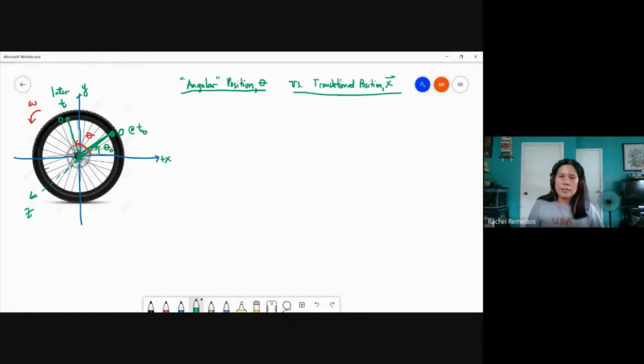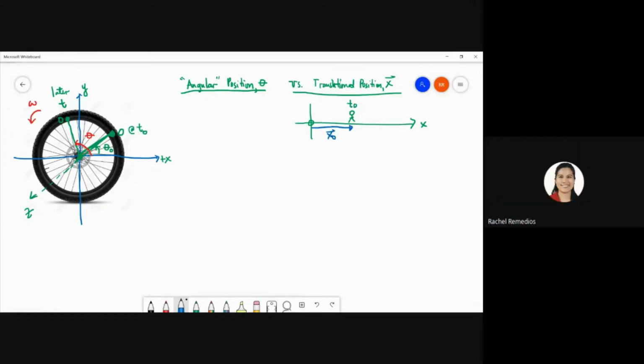If you recall, in translational position, if this is x and this is y, and the origin is here, and your particle is here when time is 0, then this is the initial position, x sub 0. After some time, it is here, with respect to a certain reference. This is the later time t, so the final position is from the reference until here.